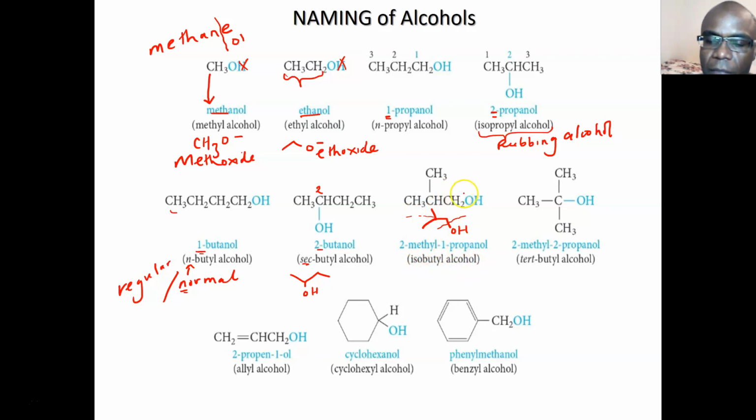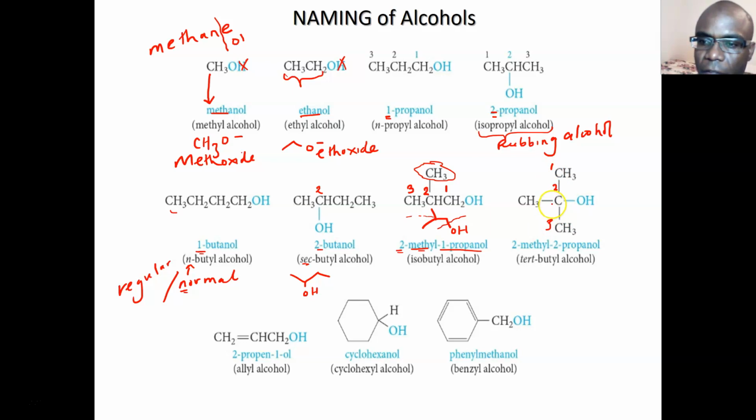But in nomenclature you prioritize the position of the OH, so it's 1, 2, 3. So it's 1 propanol, and then the methyl becomes a substituent. It's on the second carbon. Here prioritize the position of the alcohol and then look for the longest chain. So we'll go 1, 2, 3.